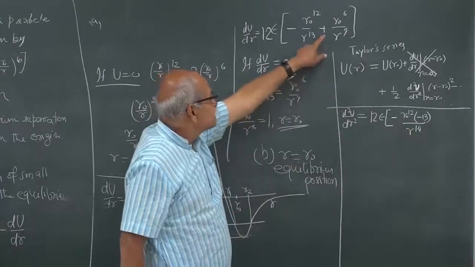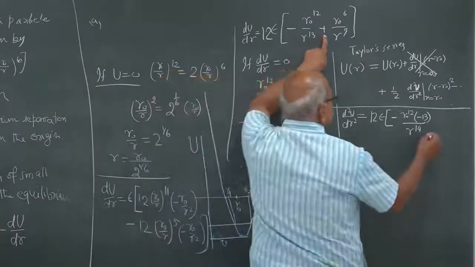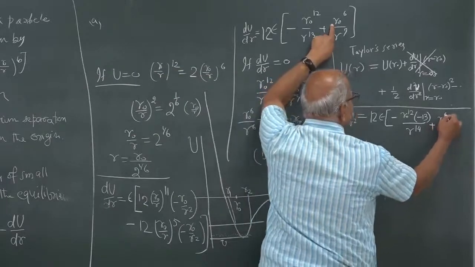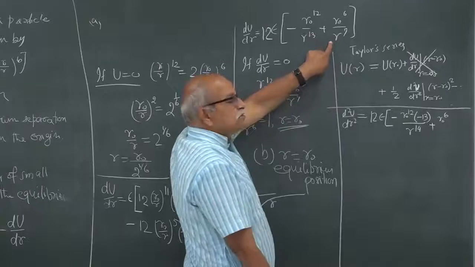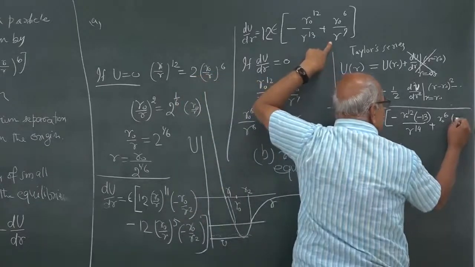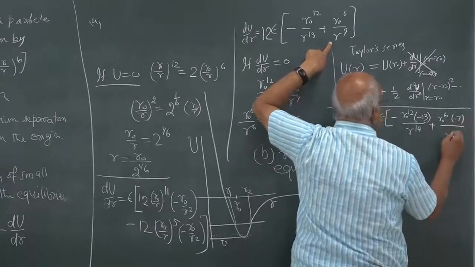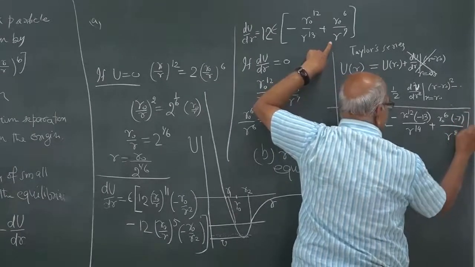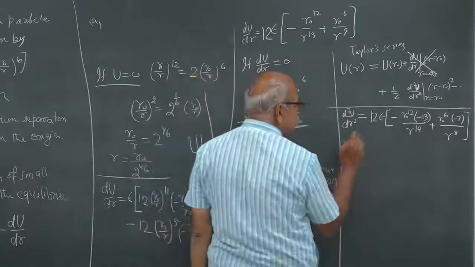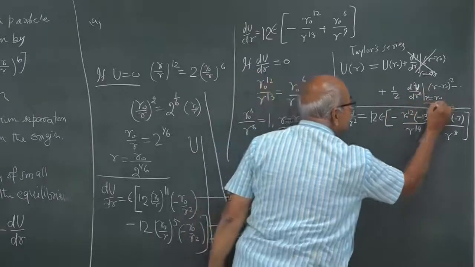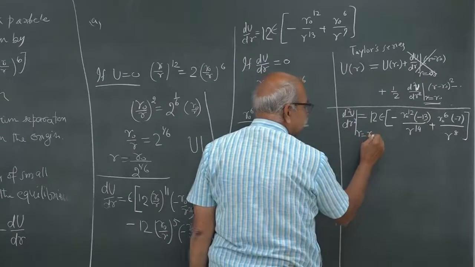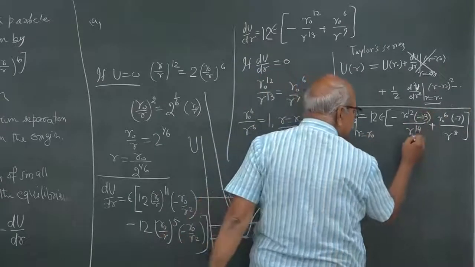Now, come here, plus r naught to the power 6. So, this is r naught to the power 6, and then I have to differentiate r to the power minus 7. So, minus 7 here and then r to the power 8 here. So, that is the differentiation, and it has to be evaluated at r equal to r naught. So, every r becomes r naught.